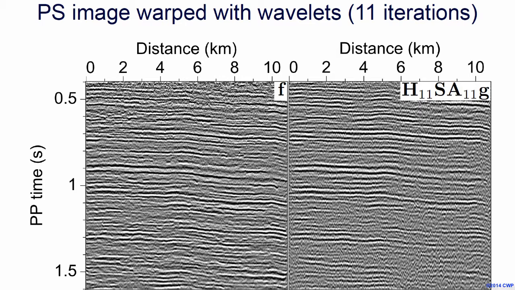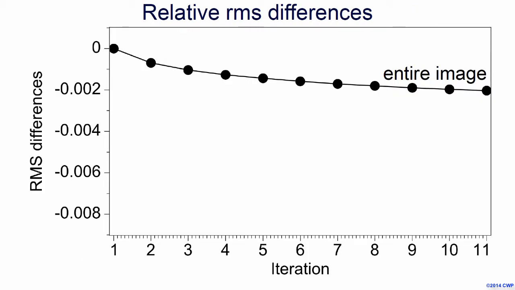So because we're trying to minimize the RMS difference between the PP image and the squeezed PS image, or I mean this warped image, I want to show you how the RMS differences change with the number of iterations, starting with the shaping filter, where one iteration represents the shaping filter and 11 iterations represents the image I showed you.